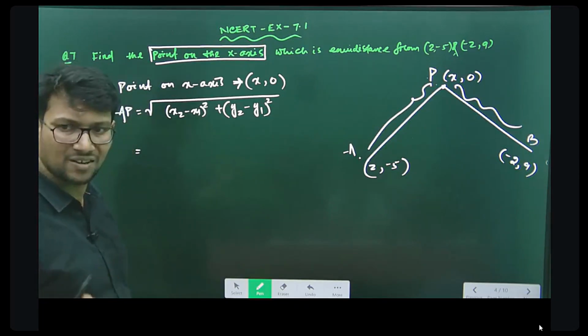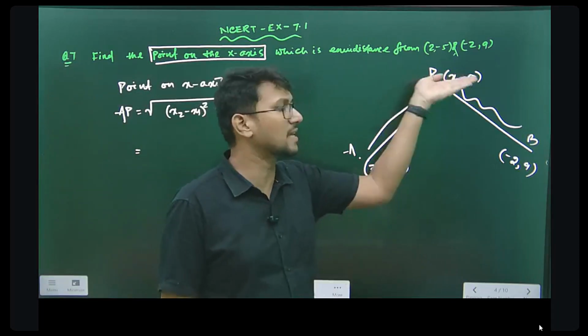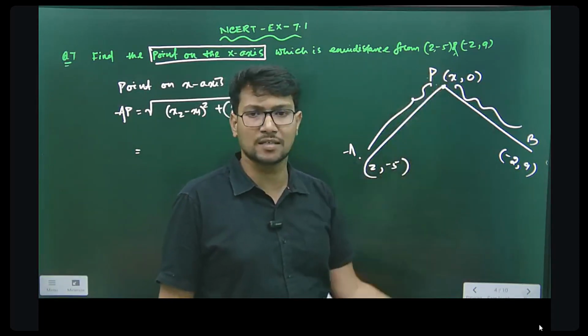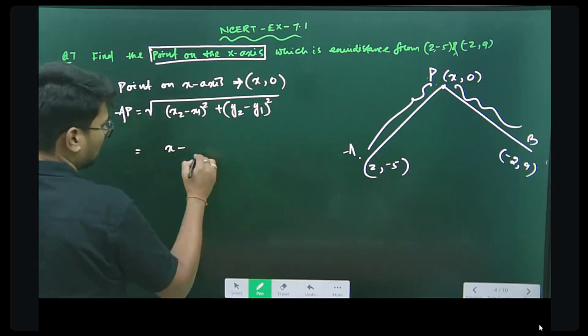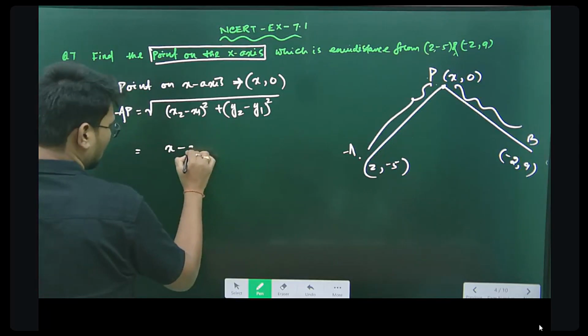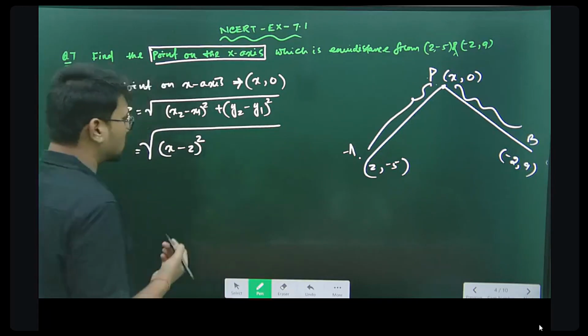Yeah, be confident. You answer. I said this is x1, y1, this is x2, y2. So x2 is x, right? So x minus how much? x minus 2 whole square. First you have to write the square root, put the square root.